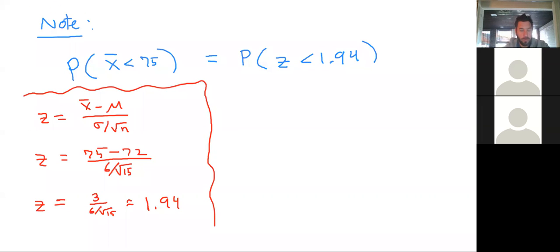So if you compute this probability, you get 0.97381, which of course is approximately 97%.